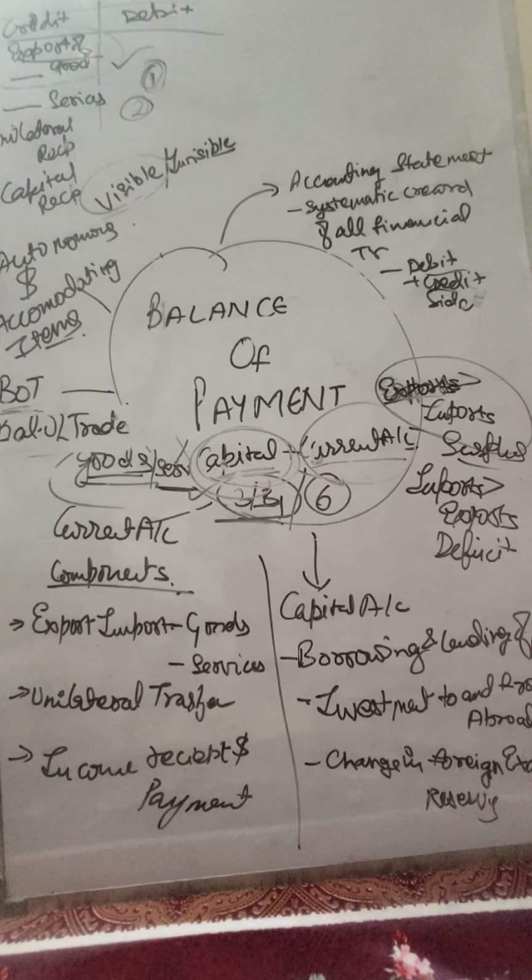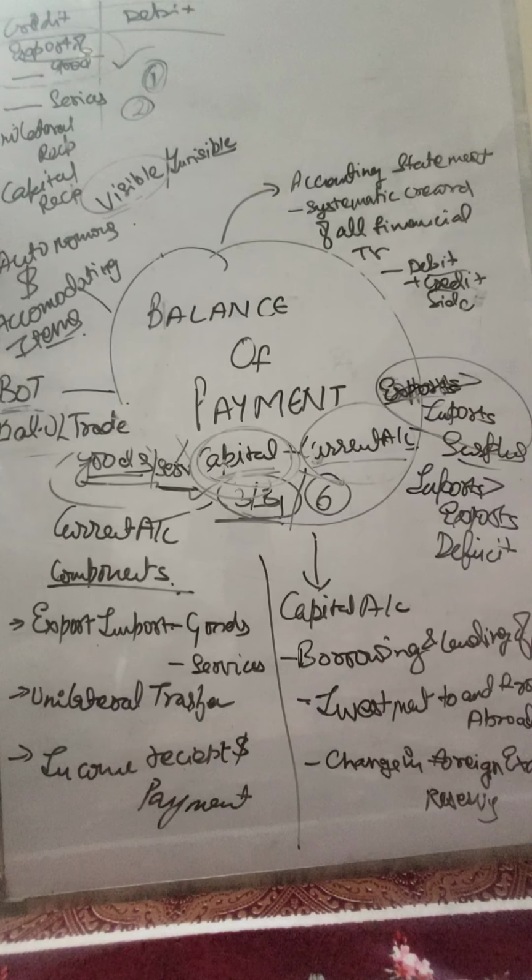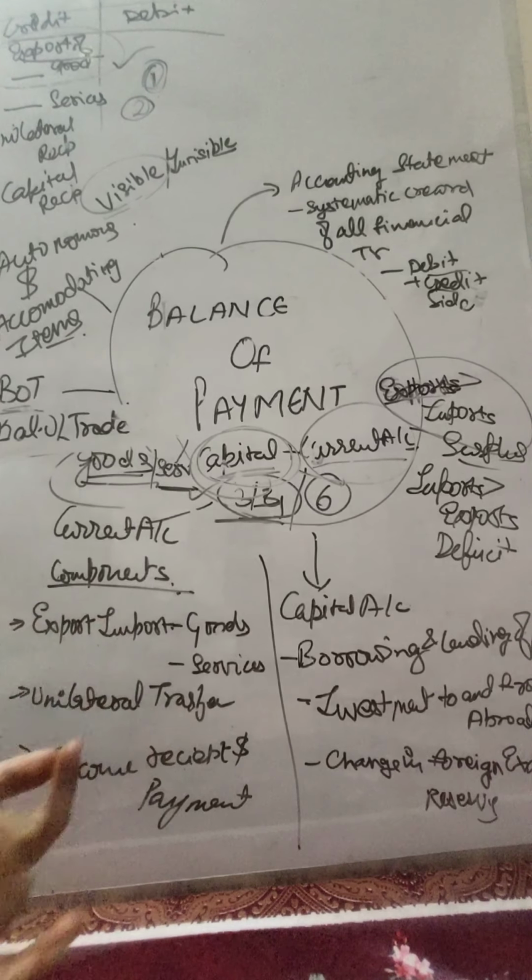Now, coming to the most important and last topic, that is autonomous and accommodating items. What do we mean by autonomous and what do we mean by accommodating items?